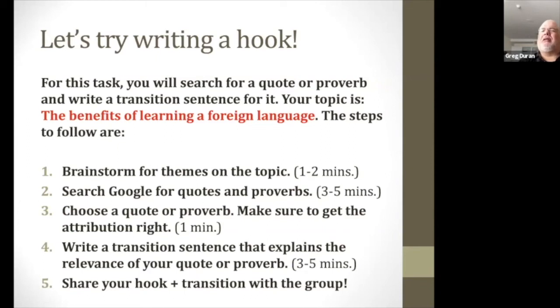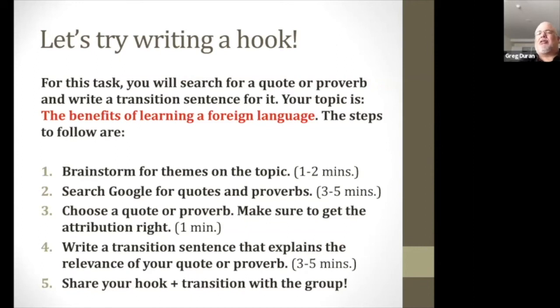The transition sentences really don't vary that much, but what they do is acknowledge the fact that you are bringing something random from nowhere into your essay, and explain the relevance.